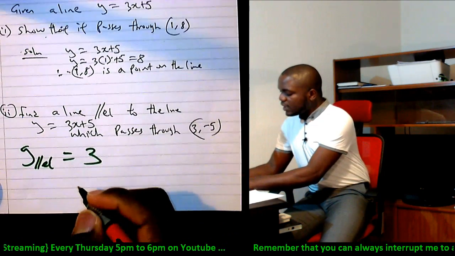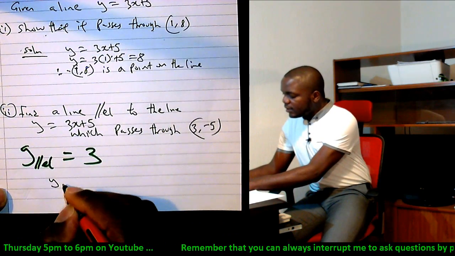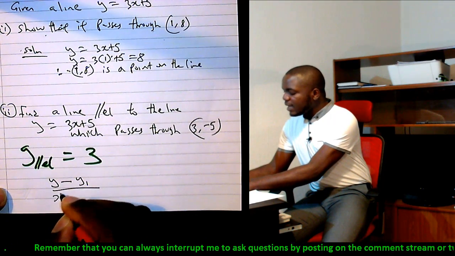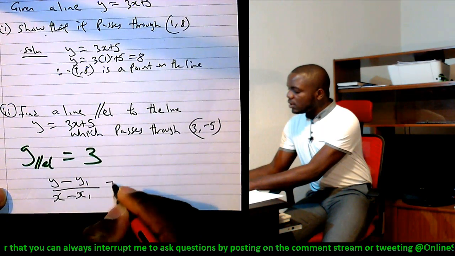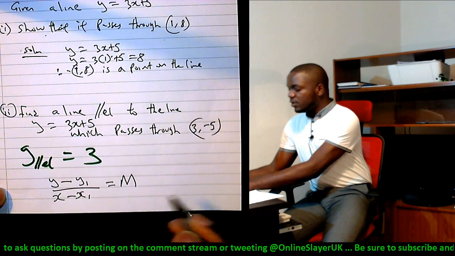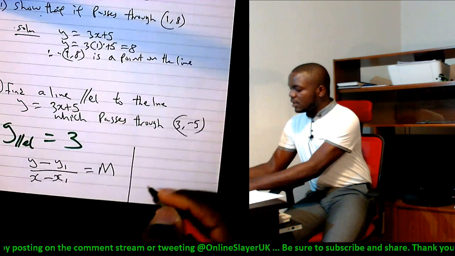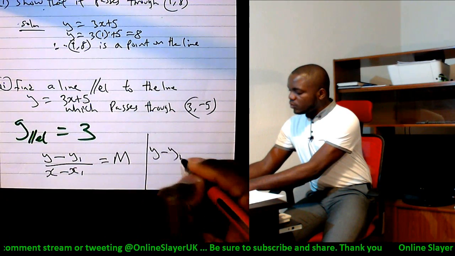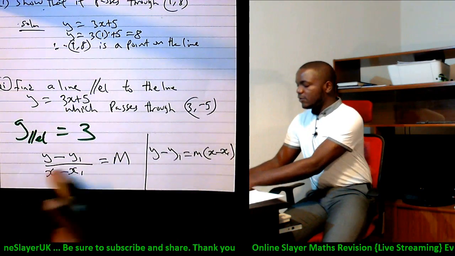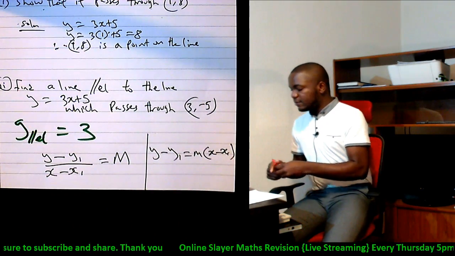The equation of a line is simply (y minus y1) over (x minus x1) equals the gradient m. Okay, and you can also write that as y minus y1 equals m times (x minus x1). Of course, that's just the cross multiplication of that.